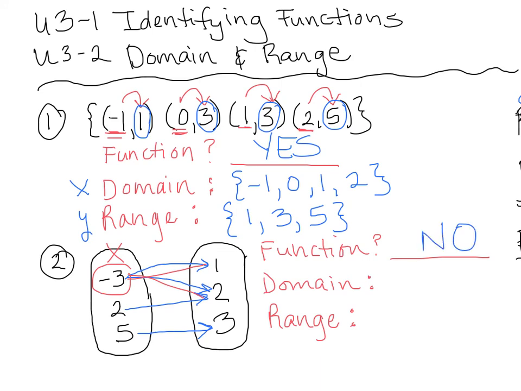Two arrows coming out of one x value means it's not a function. But this relation still has a domain and range. Our domain is still the x values, the -3, the 2, and the 5, and our range is still the y values, the outputs on the right, 1, 2, and 3.